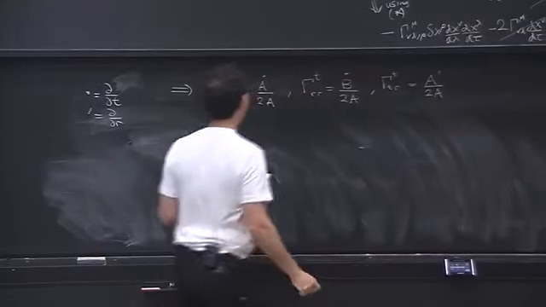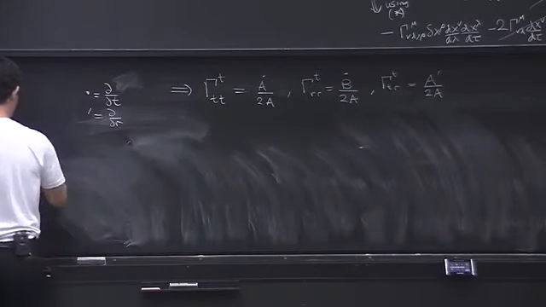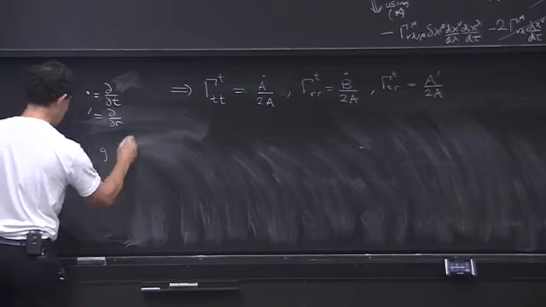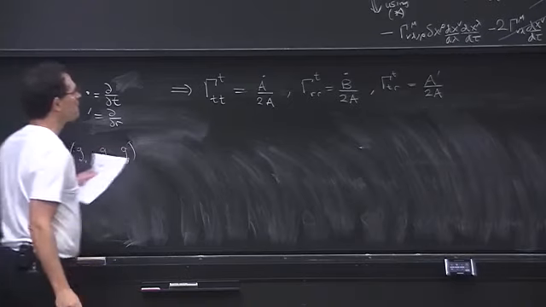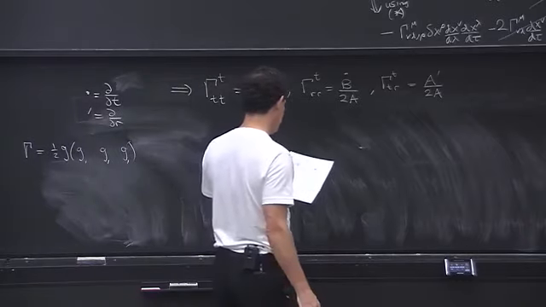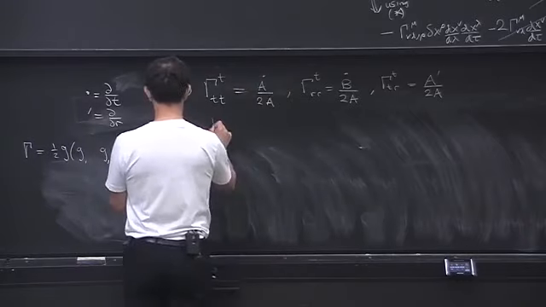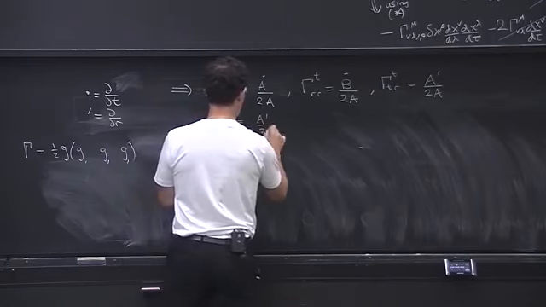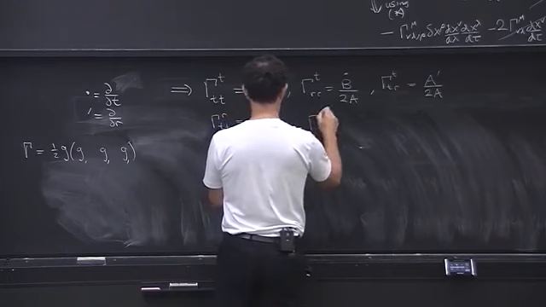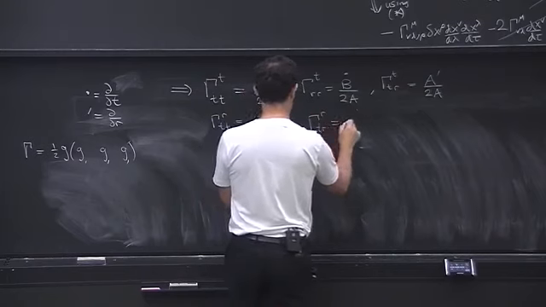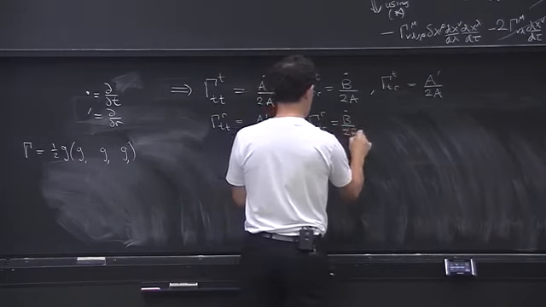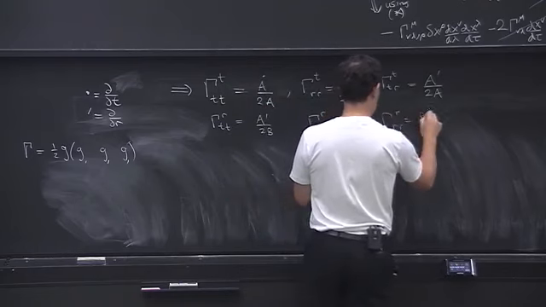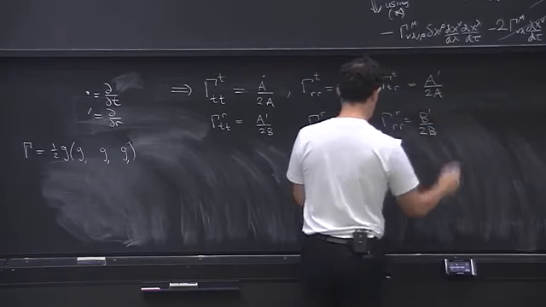Okay, so remember the gamma is just given by the half g and then g terms, first derivatives of the metric. Then I have gamma r tt, a prime over 2b, gamma r tr is b dot over 2b, gamma r rr equals b prime over 2b.